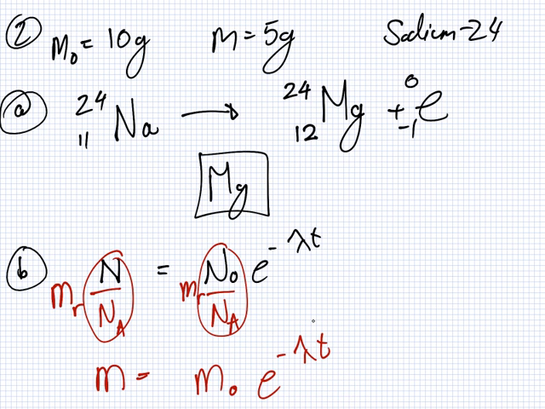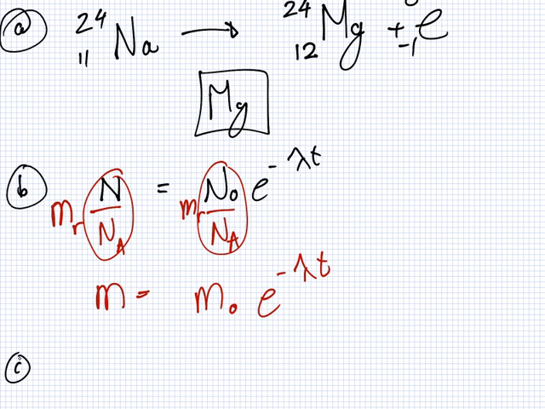So the decay constant I can get by using this formula. We have 5 grams after, how long was it? 7 hours. Now, I could convert these into seconds. But if you keep it as hours, that's okay, but you have to remember that all your time units will be hours.